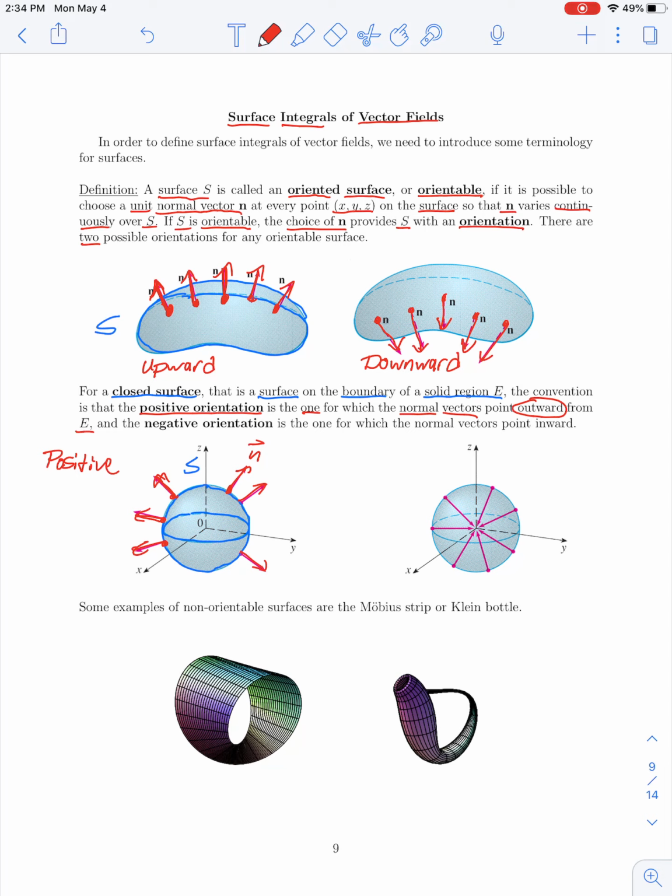Whereas if we were to take that same sphere and for the same collection of points look at the unit normal vectors pointing inward from the surface, then this would be said to have the negative orientation. So the negative orientation is where our normal vector is pointing inward.